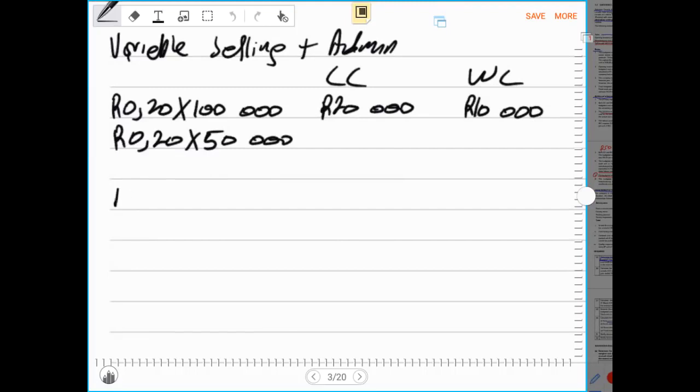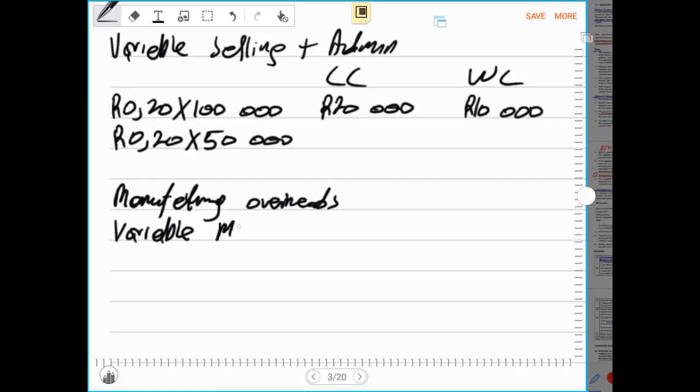So now I have to say manufacturing overheads, and I need to start with the variable portion. Variable manufacturing overheads for the 2 products, which is product CC and product WC. My calculation will be 2 rand times the budgeted units to be manufactured.